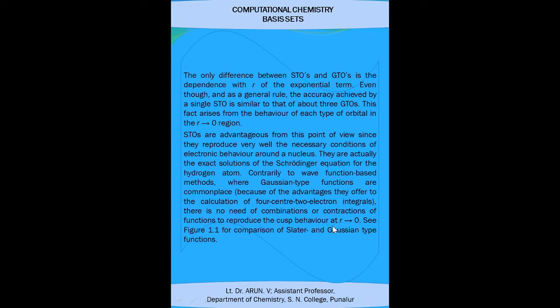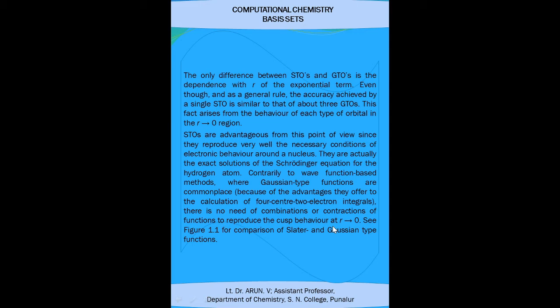These Slater type orbitals are advantageous since they reproduce very well the necessary conditions for the electronic behavior around the nucleus. They are actually the exact solutions of the Schrodinger equation for the hydrogen atom.